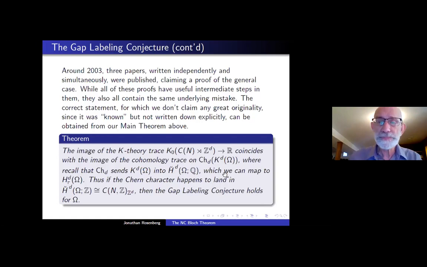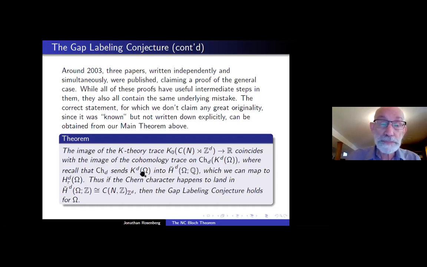Now, there are compact spaces for which the image of the Chern character actually lands in integral cohomology. For example, that's true for spheres. That's a famous theorem, which you can prove using the Bott periodicity theorem. So the Chern character sends the K-theory of a sphere into, and in fact onto, it's actually an isomorphism, onto the integral cohomology.